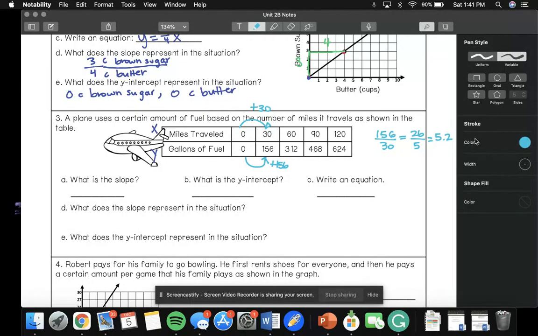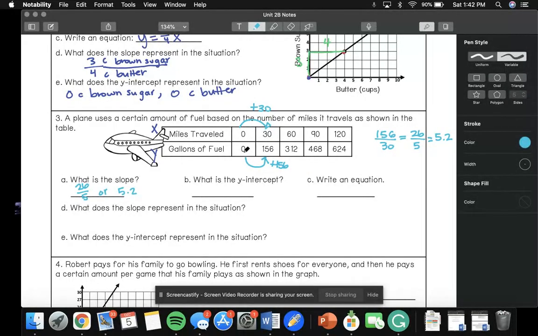It's totally up to you. So I will write it as both, and whichever makes most sense to you, that is totally fine. So I'm going to write 26 over 5 or 5.2. Okay. What is the y-intercept?